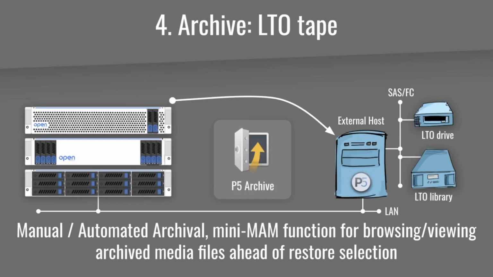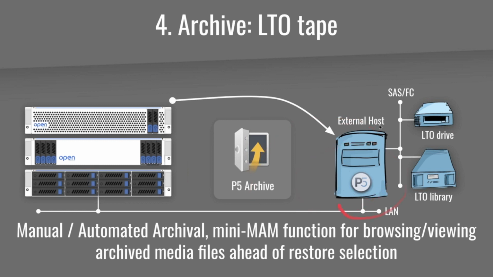If you wanted to do this one, which is an LTO tape-based archive, which is also popular with our customers because of the capacity of LTO and the speed and the fact that it's on-prem rather than with a third party, then you can run LTO hardware like we have over here. We have a slightly more complex schematic here where the tape hardware is not connected directly to the OpenDrive's controller.